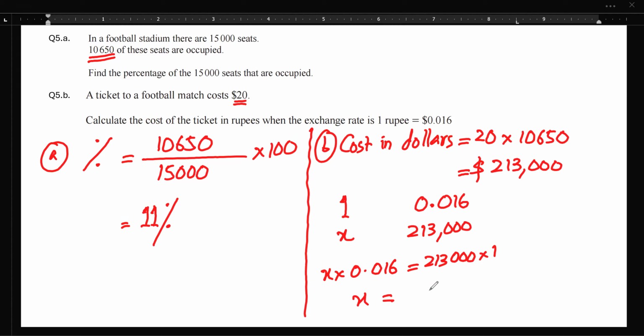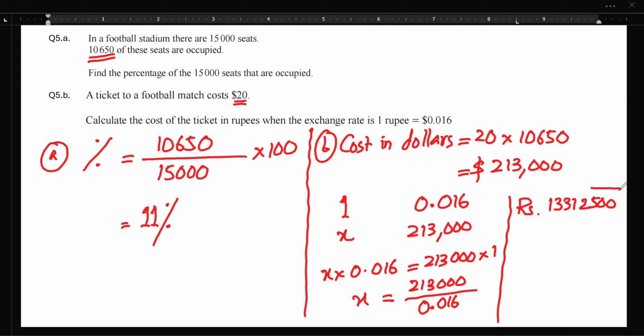Since I'm looking for x, it's going to be 213,000 divided by 0.016. So it's going to be in rupees 13,312,500.